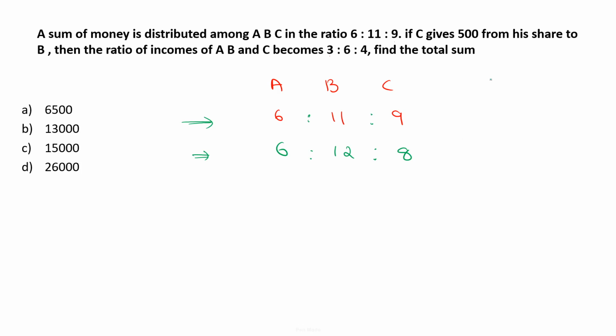That value of 1 unit is given as 500 rupees in the question, and we need to find the total sum. The total sum is nothing but 26 units. When the value of 1 unit is 500, then the value of 26 would be 13,000. Option B, 13,000 would be our answer.